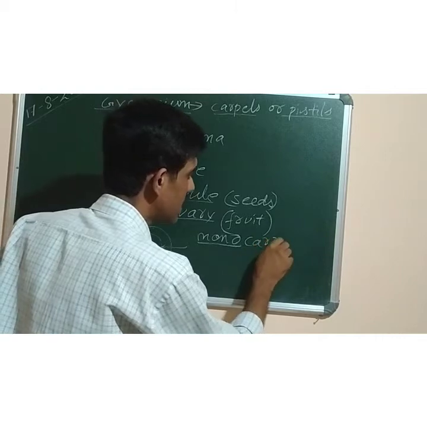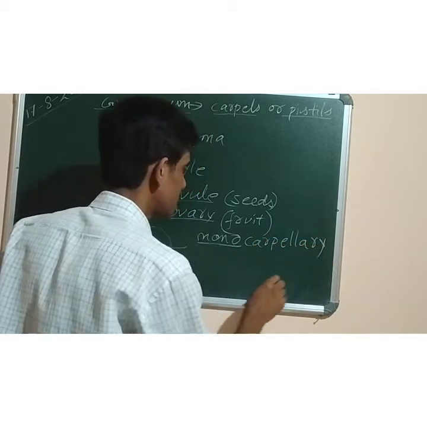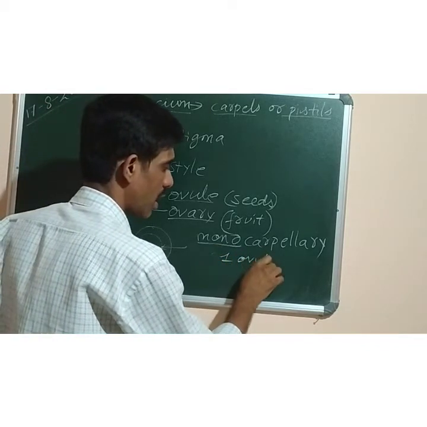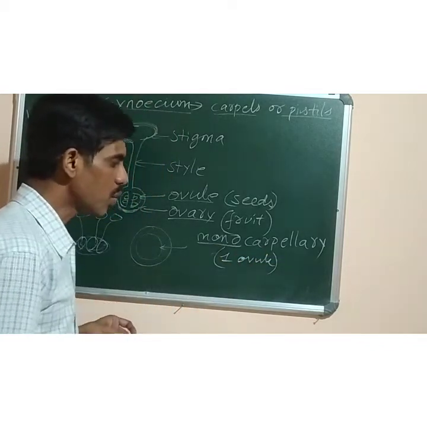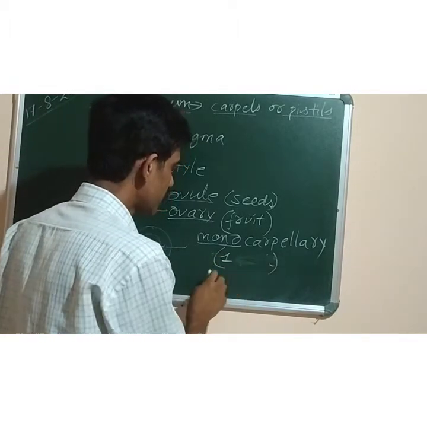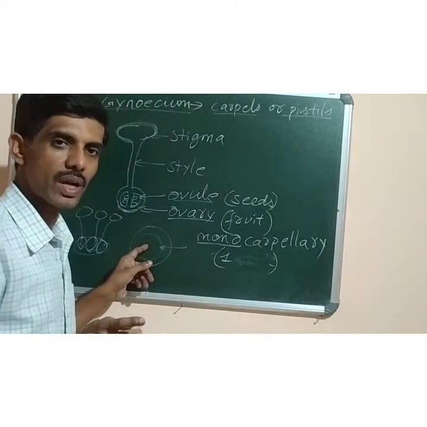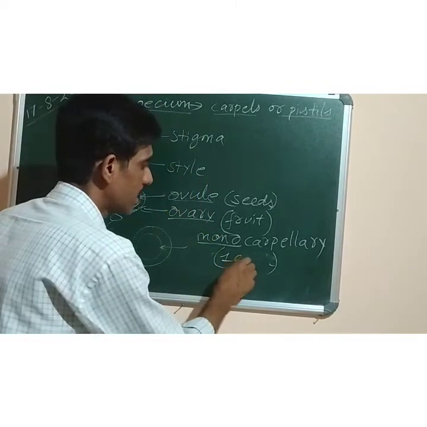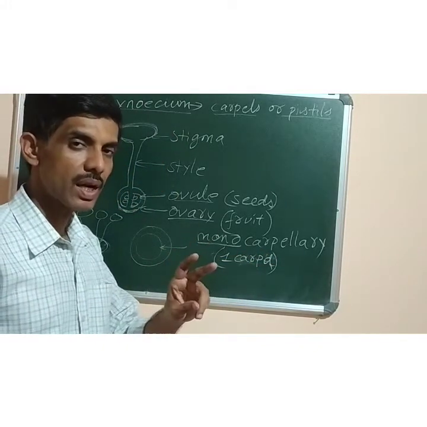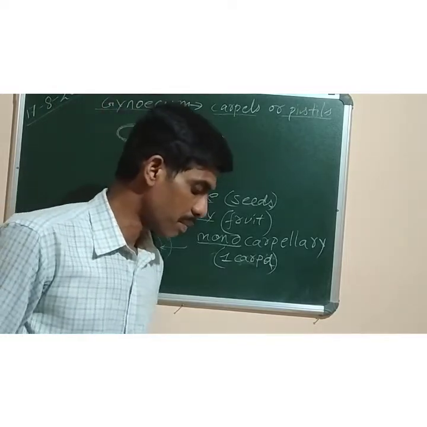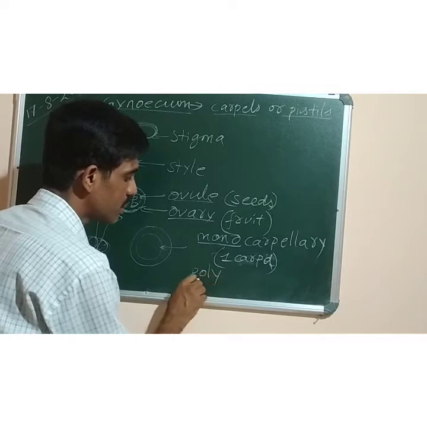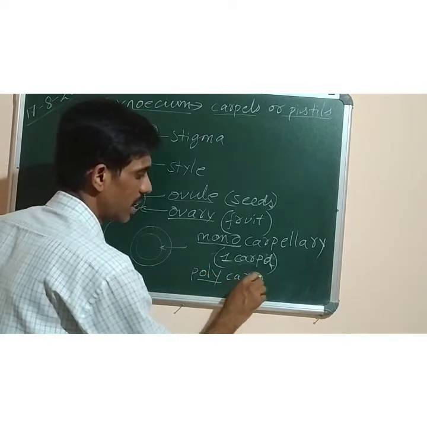An ovary which contains 2 or more than 2 carpels is called polycarpellary. So poly means more than 2.